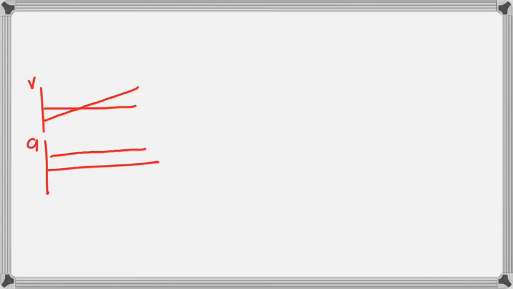So we would say that the acceleration is equal to a constant, some number. The velocity over time is given by the velocity that we started off at, v initial, plus at, where a is the acceleration, that constant, and t is the time.